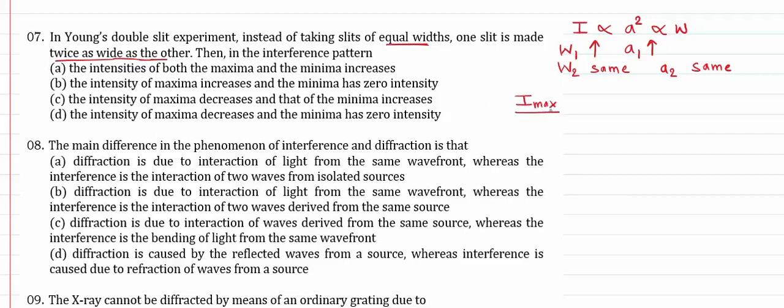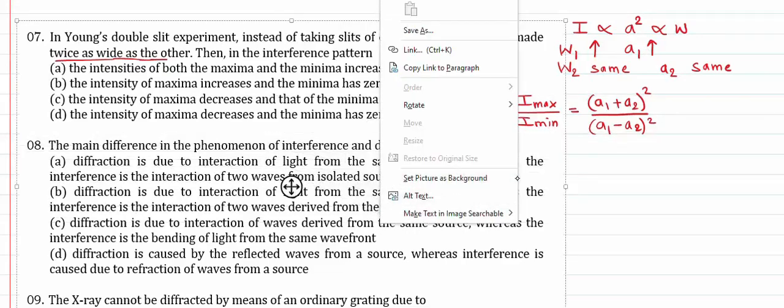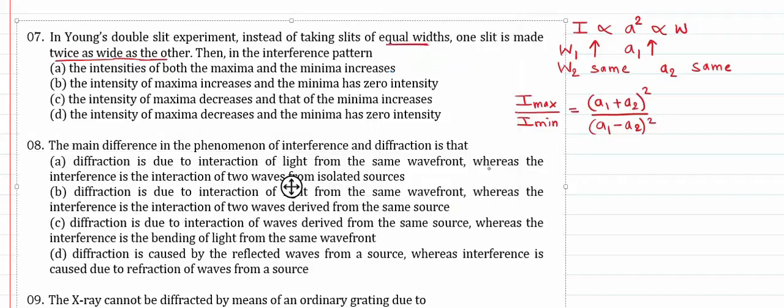Intensity of maximum by intensity of minimum is given by (a1 plus a2) whole square divided by (a1 minus a2) whole square. Now if you observe here, a1 increases and a2 stays the same. I will take some space over here. So okay, here on this side I will solve it.